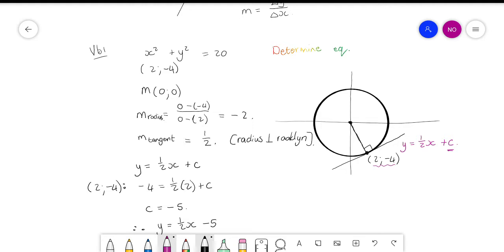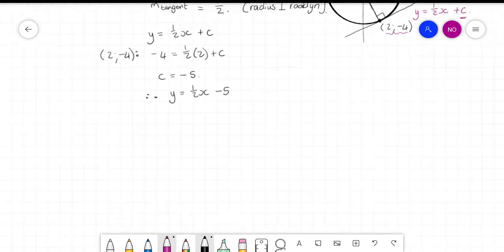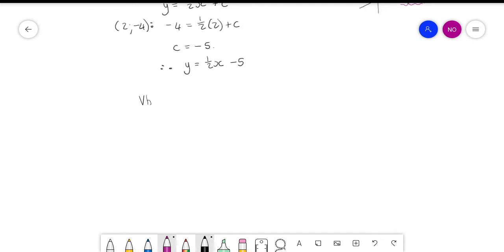Nou kom ons maak dit moeiliker. Okay, voorbeeld 2 sê hulle vir ons, hierdie is die cirkel. That's the equation of the circle, and they're looking for the tangents at the y-intercept.